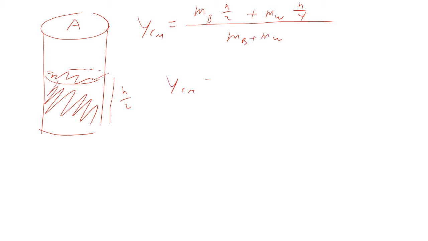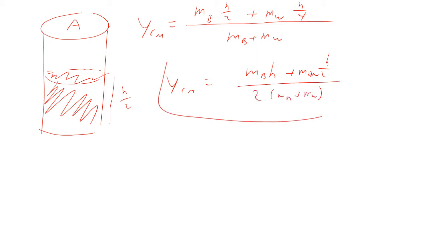So the y position of the center of mass is now going to be the mass of the barrel times h plus the mass of the water times h over 2, divided by 2 m_b plus m_w. Now you can work that out, and it turns out it's going to be lower than it was before, because now you have more mass towards the bottom.